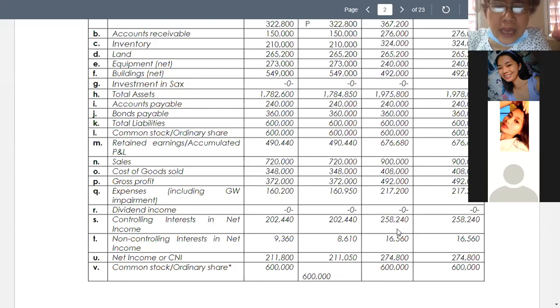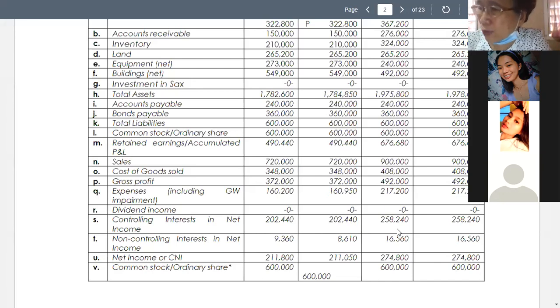The consolidated net income for 20x4 is computed as follows. The net income of P is 168,000. That of S is 60,000.